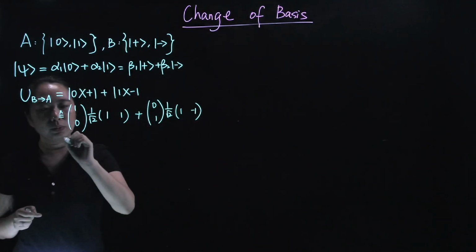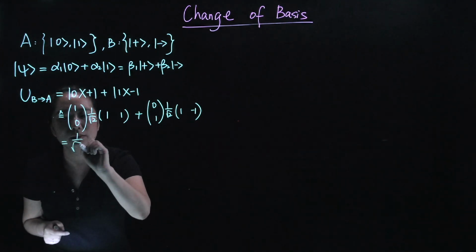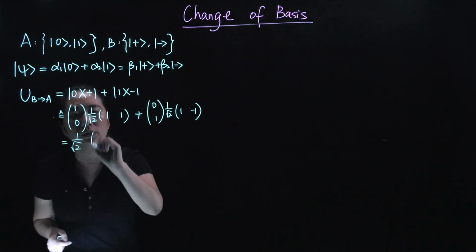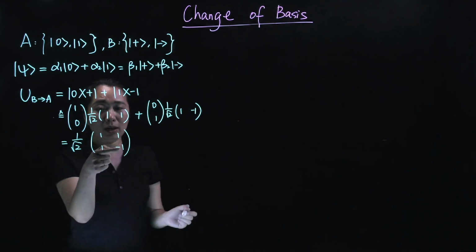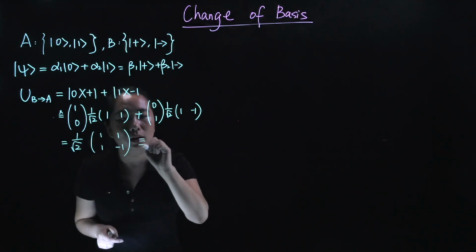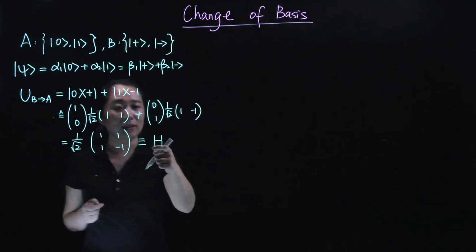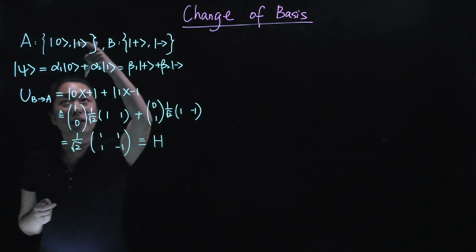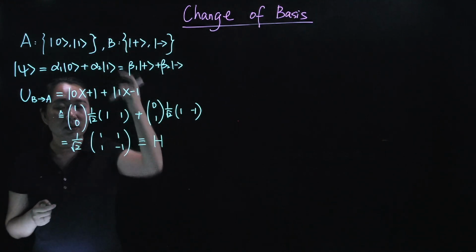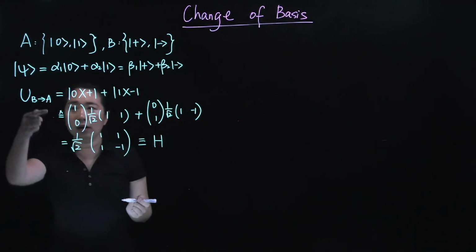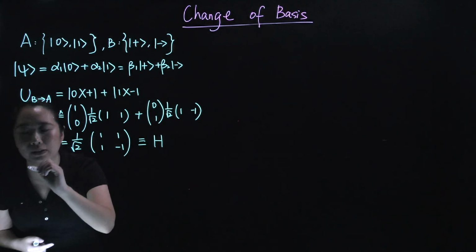And we just need to work this out, and we would find out that this is the matrix 1 over square root 2, 1, 1, 1, minus 1, which is exactly what we call the Hadamard matrix. As we have claimed previously, the Hadamard operator changes the basis of 0, 1 into the plus-minus basis, and vice versa.